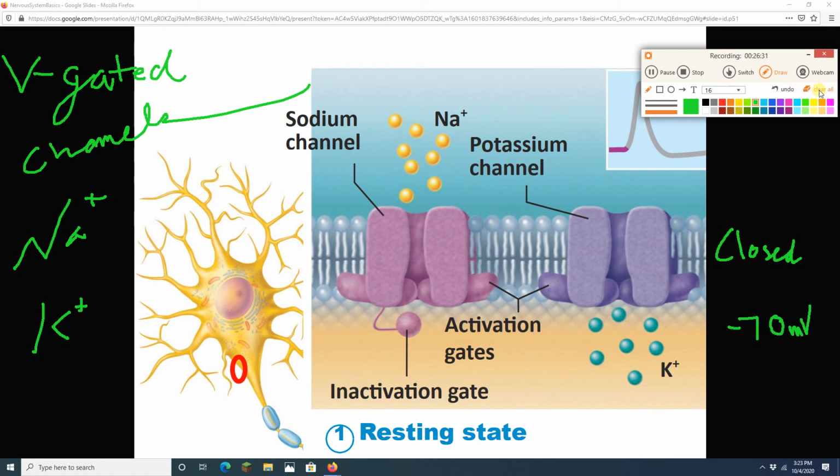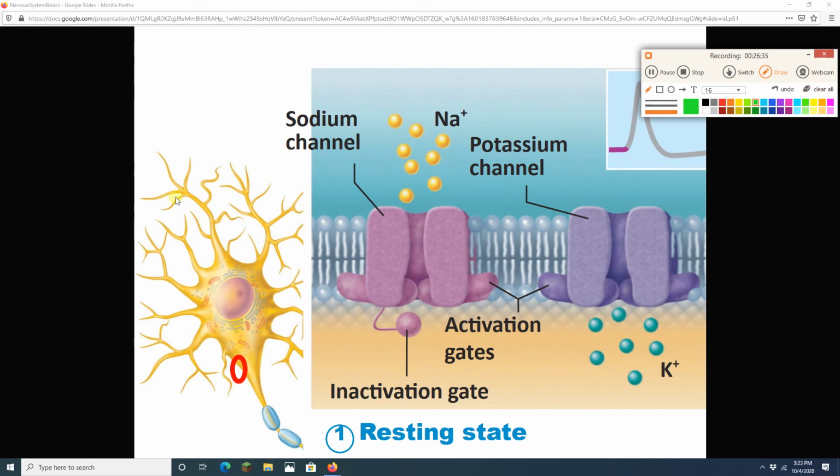Let's now assume that a graded potential has been traveling from this dendrite. So we got a graded potential. It started here. It's traveling. It's a big one, too. We're going to assume it's a really big one. All right? It travels, and it gets right here. And this graded potential is big enough.